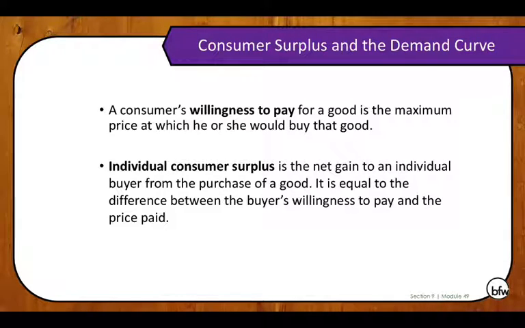Well, the reason you'd be so happy is because you could purchase that item and then you'd have half of the amount of money that you were willing to pay to spend on other goods that make you happy. So anytime you or any other consumer pays less than his or her maximum willingness to pay, you and other consumers walk away with that extra money and a happy feeling that we call consumer surplus.